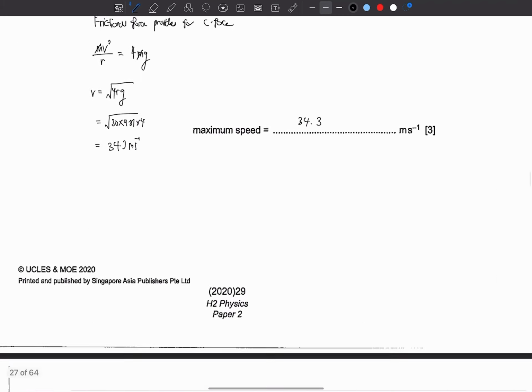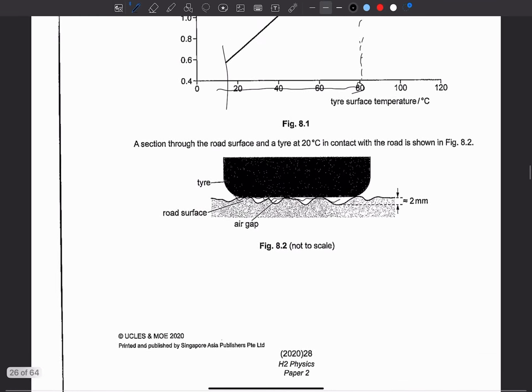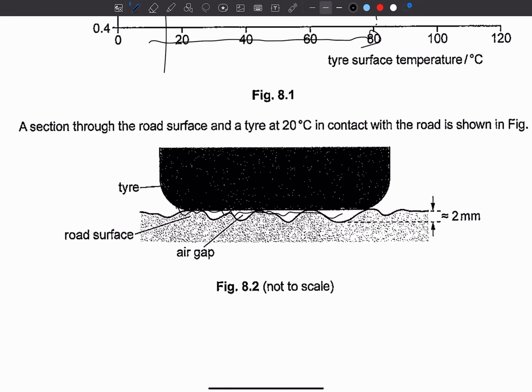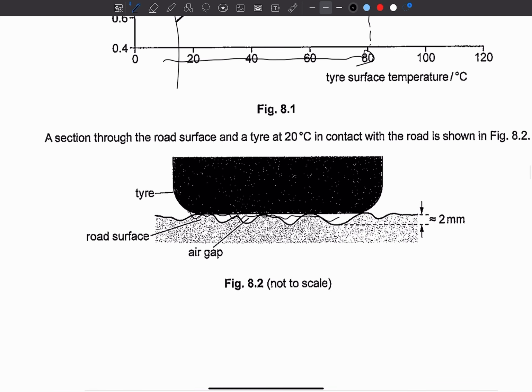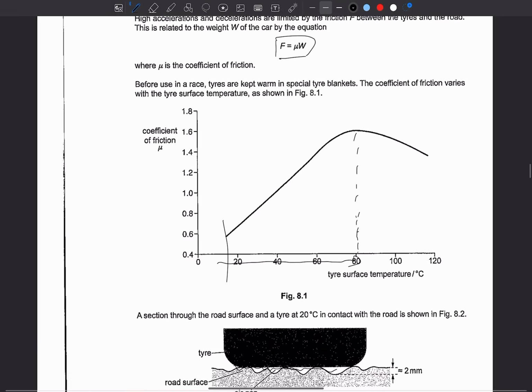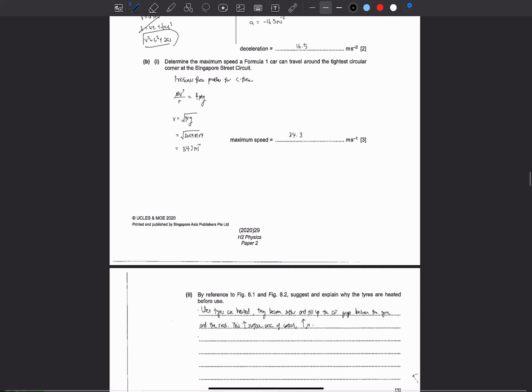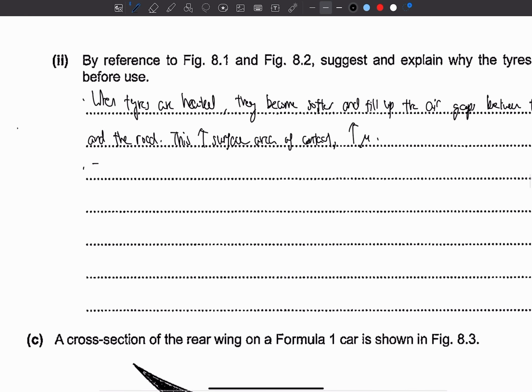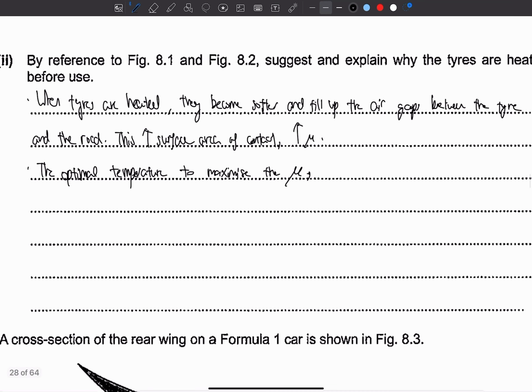So that's using figure 8.2. Figure 8.2 tells us that when the tires become softer at higher temperatures, it will have greater surface area of contact between the wheel and the surface. Right. But what about figure 8.1? Figure 8.1 tells us that the optimal temperature to maximize the coefficient of friction is 80 degrees.